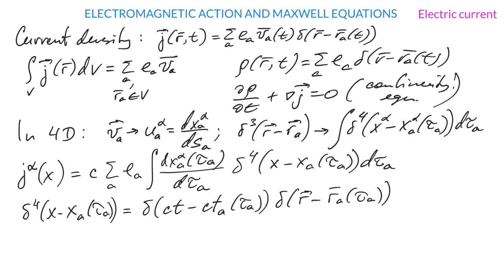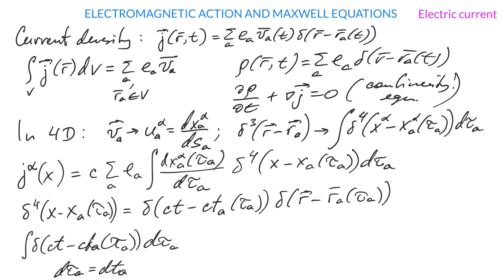If we compute the integral of delta of ct minus ct_a of tau, d tau_a, we can use the fact that d tau_a is equal to dt_a divided by gamma_a of t_a to switch to integration over dt and find that this is simply 1 over c gamma_a of t.